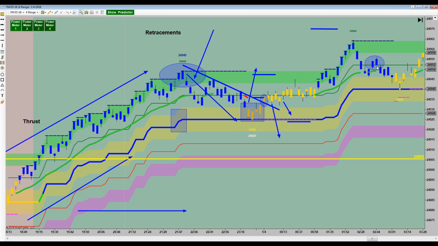In some cases, if you have a very powerful uptrend and you're only getting shallow retracements, that might be acceptable. But in this case, we're looking for it to go deeper because we want the risk return to be better. If you get filled long on the top of this bar, it doesn't have much to go till it hits resistance, and you have to put a stop way down here. So the risk return is not very good on that entry, right?